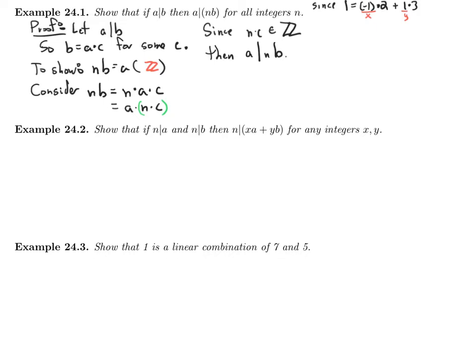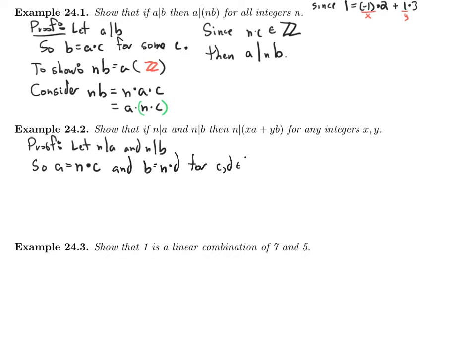Okay, now that we're back, again, let's set it up. So our proof, let's let n divide A and n divide B. So what does that mean? That means that we can write A as n times, let's say, C, and we can write B as n times D for some C, D that are integers.